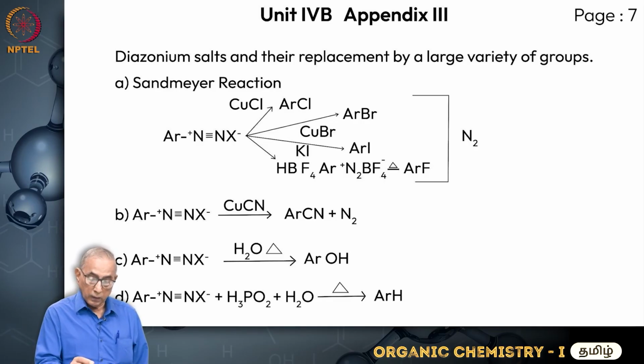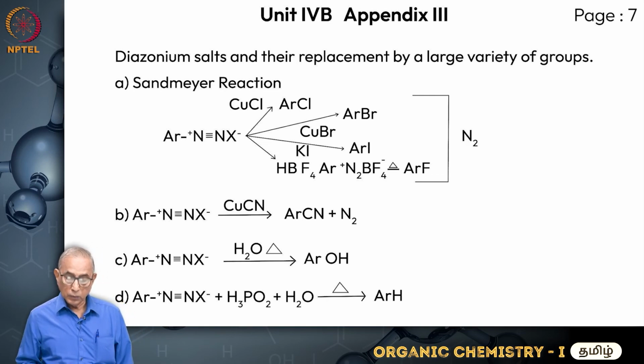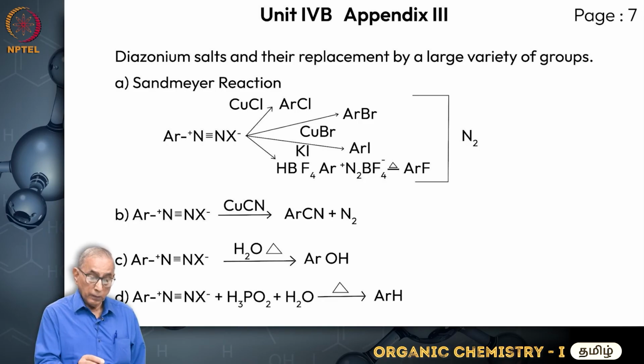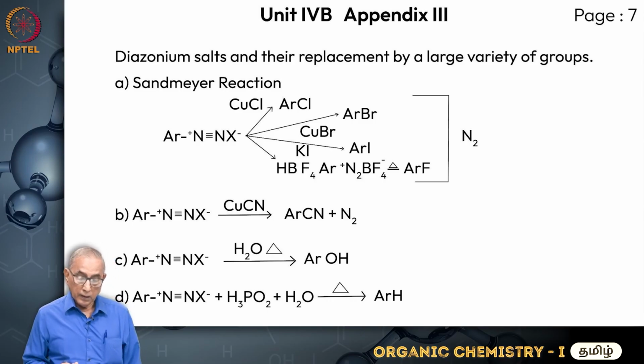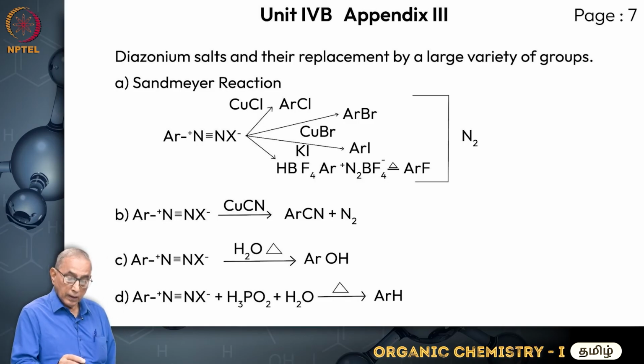If you react it with potassium iodide, you get ArI, benzene attached to an iodine atom. To prepare the fluorine compound, it has to go through another intermediate. First you react with HBF4, tetrafluoroboric acid, and this gives ArN2 plus BF4 minus, called fluoborate, and this when heated produces ArF.